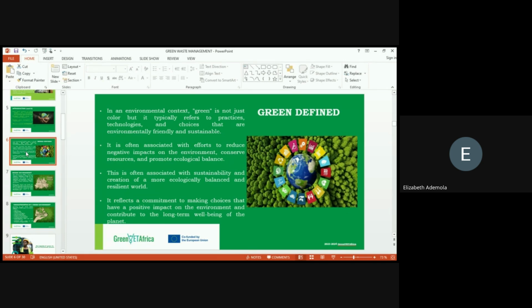So what is green? In all of this, how does green come in? We may begin to wonder what green has got to do with all of this. So in an environmental context, green is not just a color. Green typically refers to practices, technologies and choices that are environmentally friendly and sustainable.